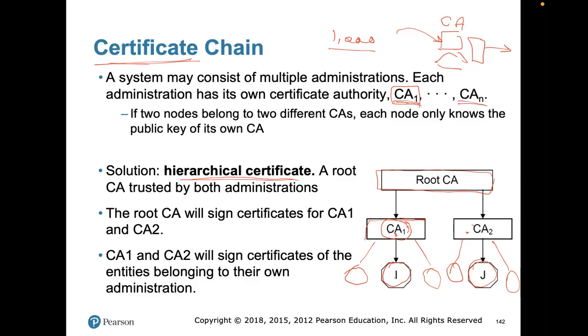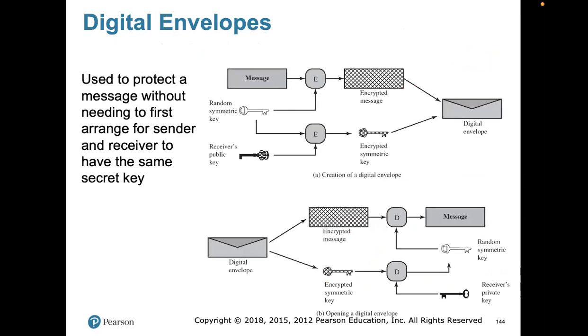And now we are ready to talk about the very last technique for this lecture, which is called digital envelope. In some situations, we want to protect the message without needing to exchange any key.